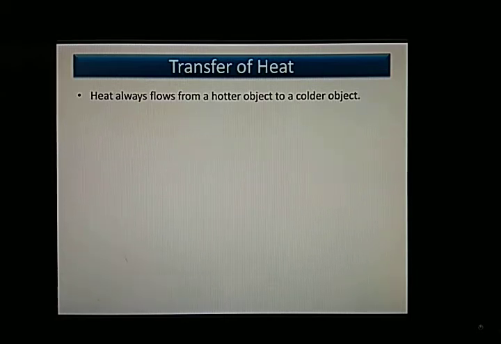Clear? Now as soon as we remove it from the stove and keep it aside, we can see that after some time it slowly becomes cold. Now why does this phenomenon happen? This happens because there is a transfer of heat.